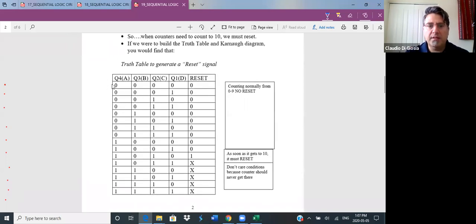So remember that when you build this truth table, don't start counting this as row 1, because what is the value of 0, 0, 0, 0? It's a 0. So I would start off with this.